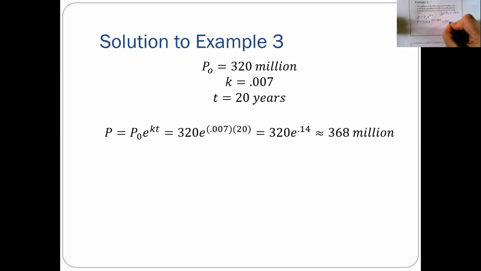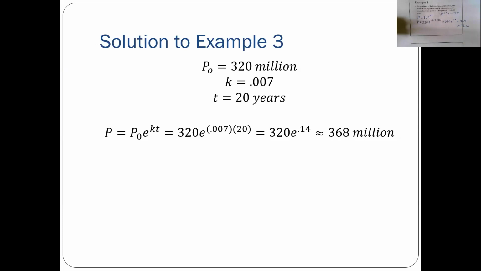So if we go 320 times e to the, and if I work this out on the calculator, it's going to be 0.14. And if we go e to the 0.14 times 320, as you can see, that's about 368 million people.